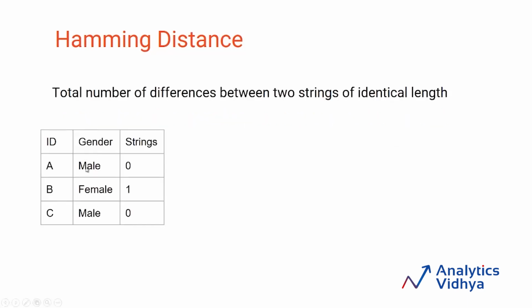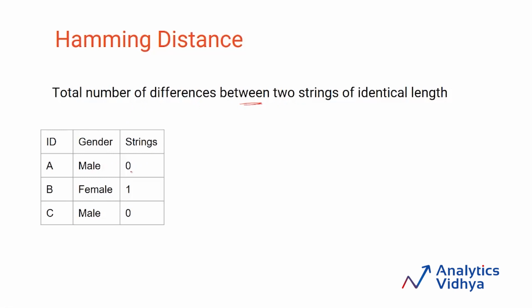So for now, we have one variable, gender, and we have 3 rows A, B and C. So I've converted the variable gender, male and female, into strings 0 and 1. Now in this case, 0 and 1 do not have an order. So 1 is not greater than 0 and 0 is not less than 1. Now if I calculate the distance, I would see the number of differences between 2 strings.